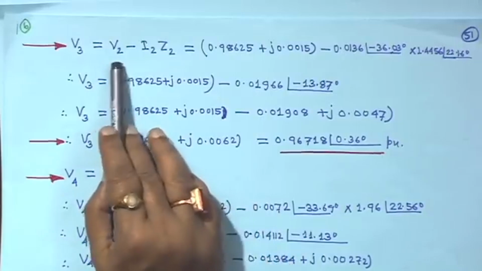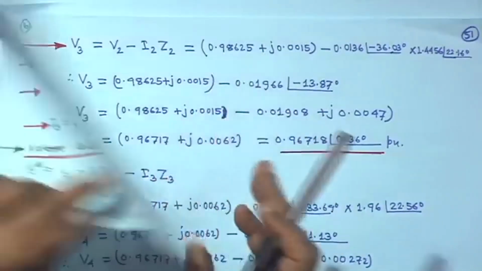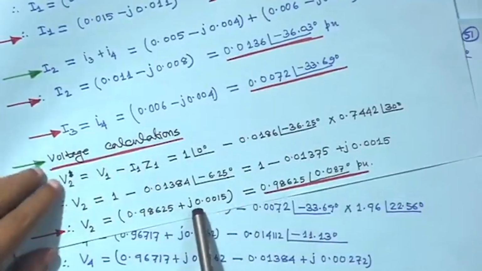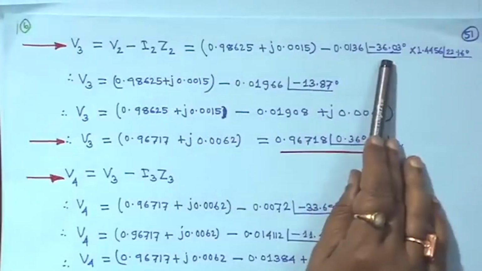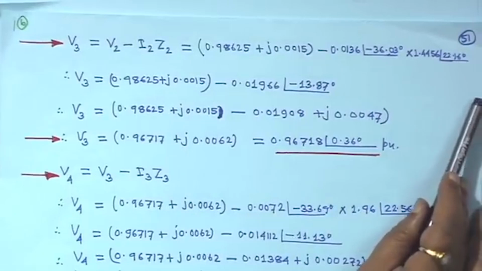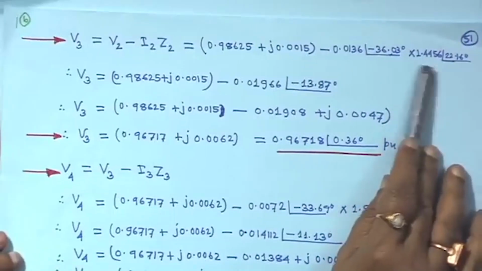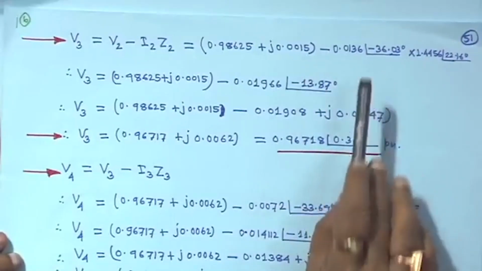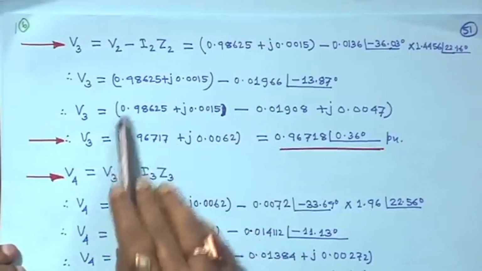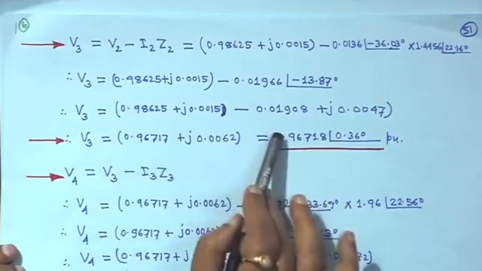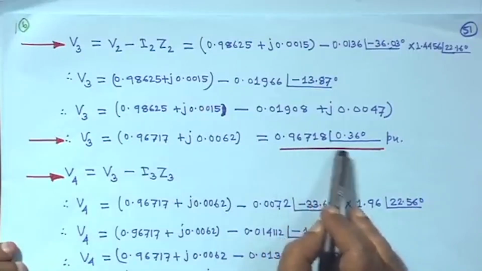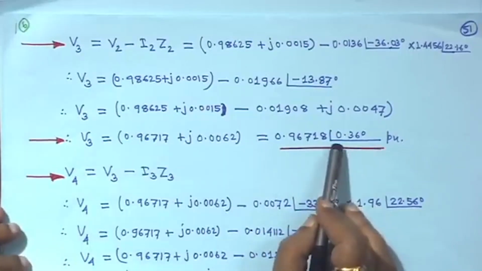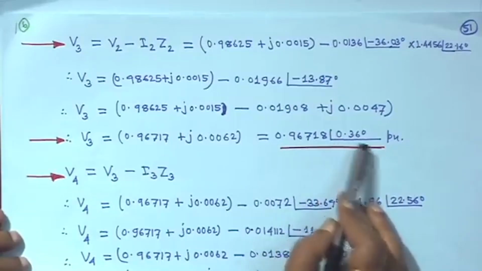But when calculating V3, this V2 you got, you put it here. And minus I2 is this much, already calculated before, and Z2 is this much, right. So, multiply and simplify. After making all the simplification, I suggest you do all these things, then V3 is equal to 0.96718 angle 0.376 degree. Here also the angle is positive, per unit.